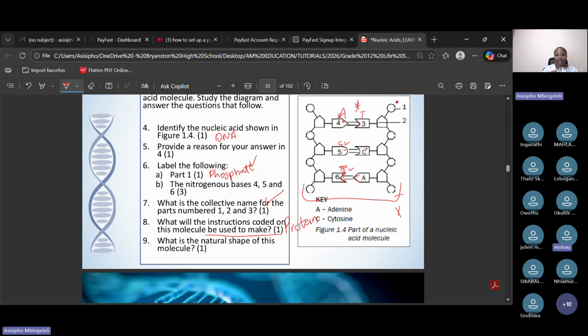Double helix. Let me put 2 options here on the board. We're going to check how many people said double helix, and then check how many people said double stranded.